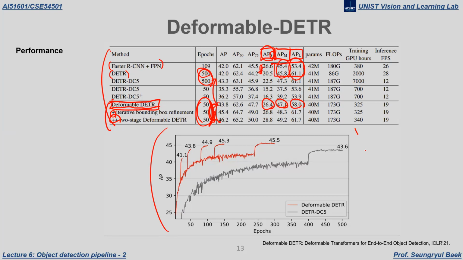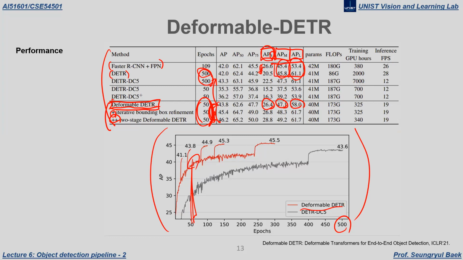So this is also the graph showing that the original DTR usually takes 500 epochs to be fully trained, but the deformable DTR only takes around 50 epochs, okay, to mature, okay.